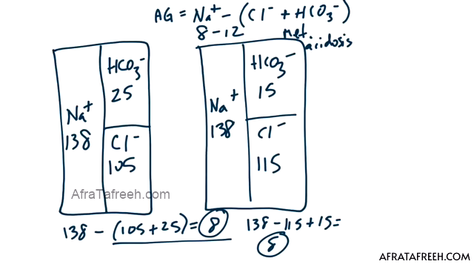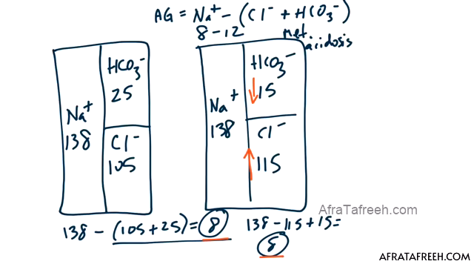So you can see that as the bicarbonate decreased by 10, the chloride also increased by 10, and ultimately the anion gap remained the same. This would be considered a non-anion gap, or a normal anion gap metabolic acidosis.